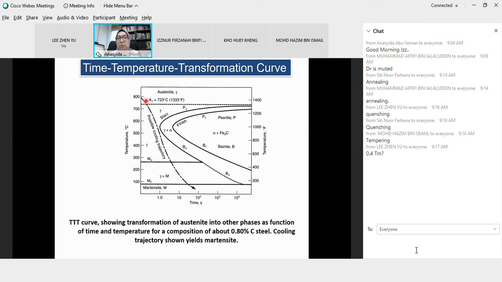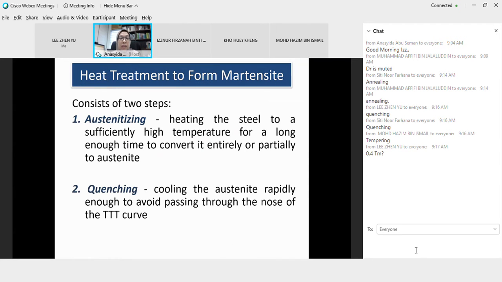So what they do, they will quench in the salt, ensuring that the salt temperature is above the martensite starting temperature. So then only they will cool it slowly following the path of the martensite's formation. So in this martempering, you can actually reduce the distortion. So this is some of the steps.